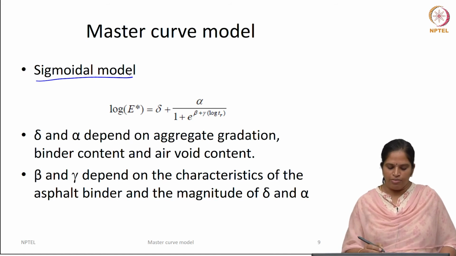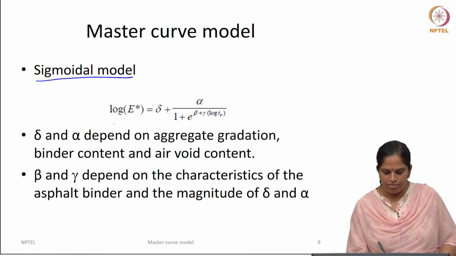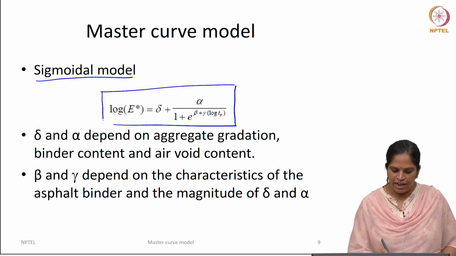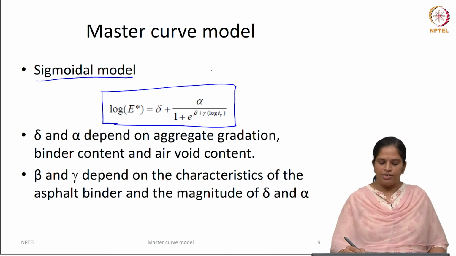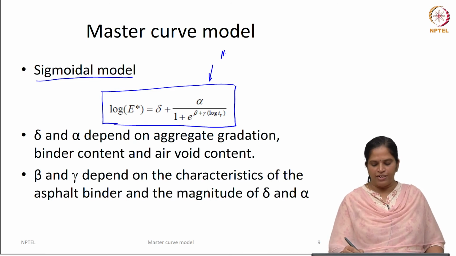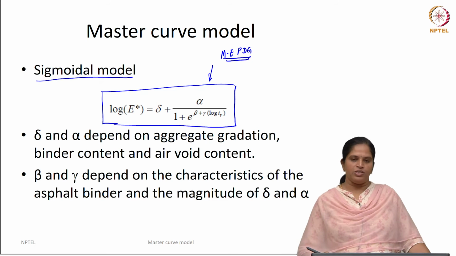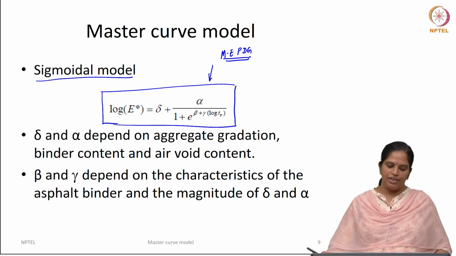This sigmoidal model gives a form for the dynamic modulus like this. This model is used in the Mechanistic-Empirical Pavement Design Guide for predicting the dynamic modulus value at different frequencies and temperatures.